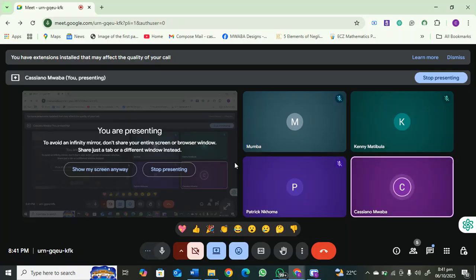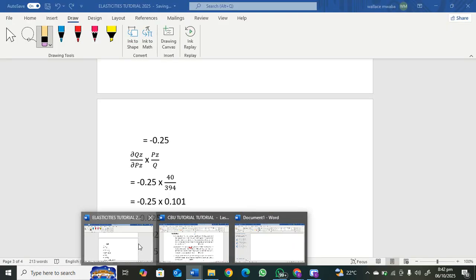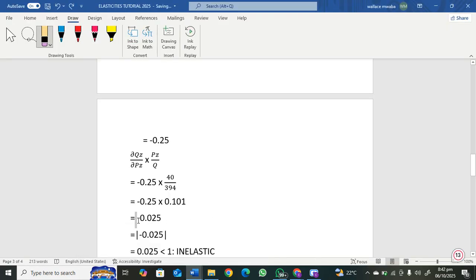If you don't get the absolute value, your answers will be giving you inelastic demand all the time because a negative value is less than one. So to remove that effect, you need to get the absolute value of your answer, meaning ignore the negative sign. When you say absolute value, it means you ignore the sign.